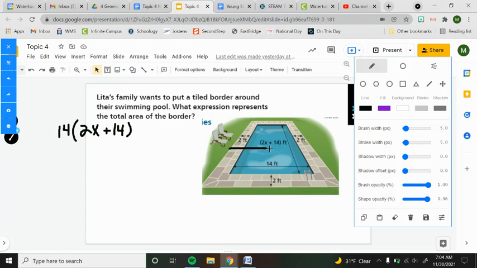So this whole thing across would actually become 2x, or I'm sorry, I misspoke. So the 2x plus 14 goes this way. Okay, so let's look at it this way. Sorry about that, guys.